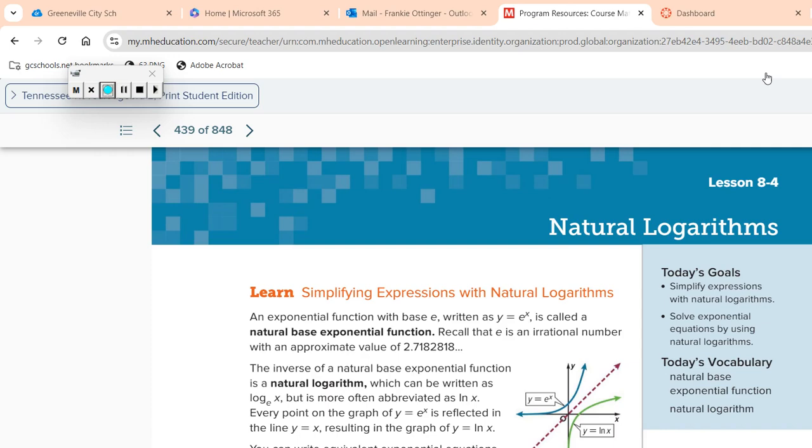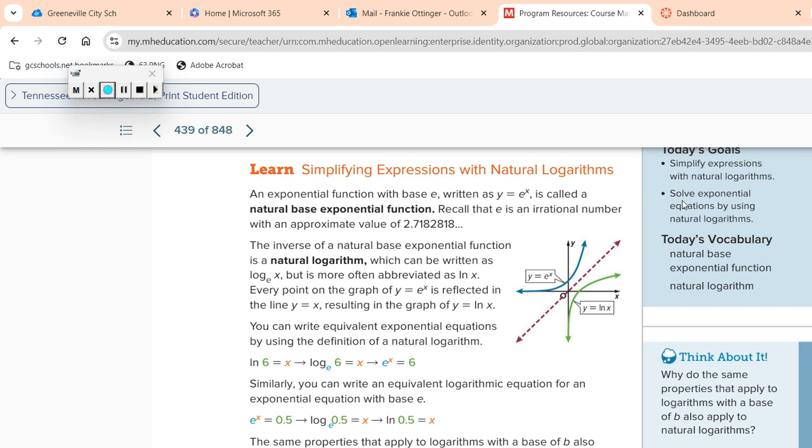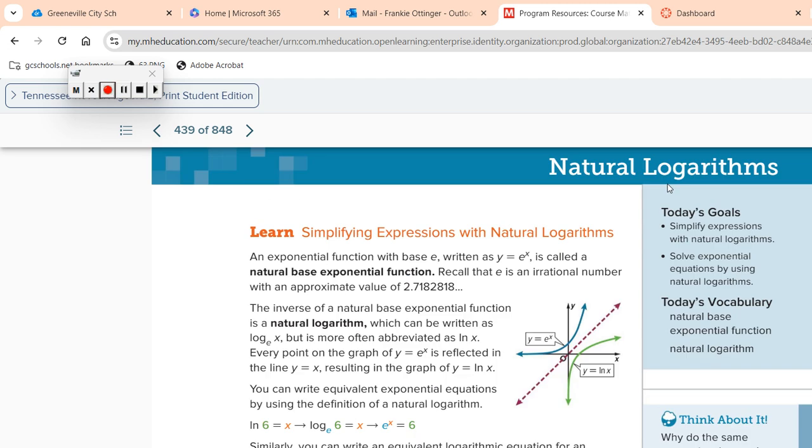Let's just do this. Section 8.4 is on natural logs. In chapter 7 we did the continuous interest formulas, and you see the base e exponential function on page 419. Well, natural log, which is ln x, is the inverse of base e.